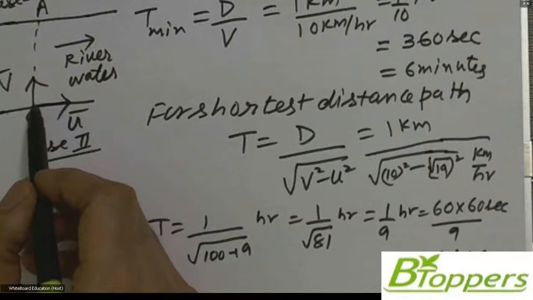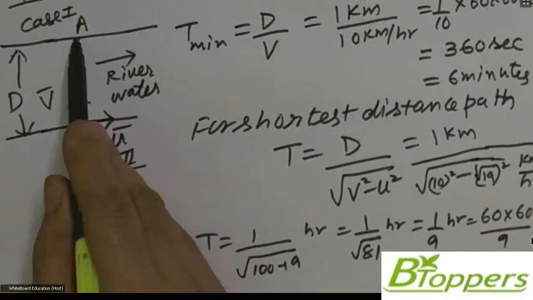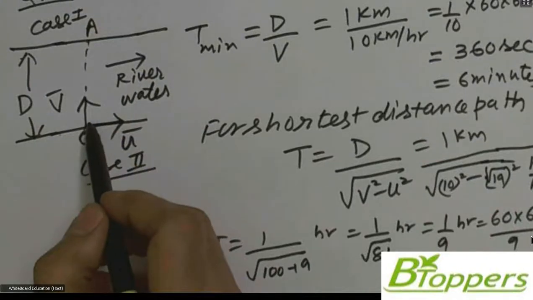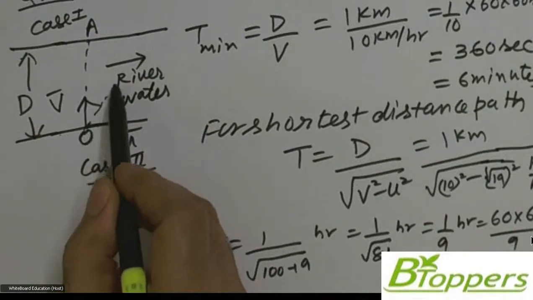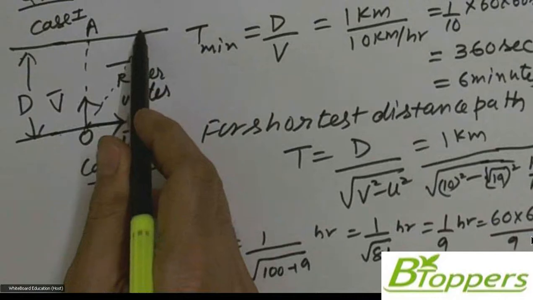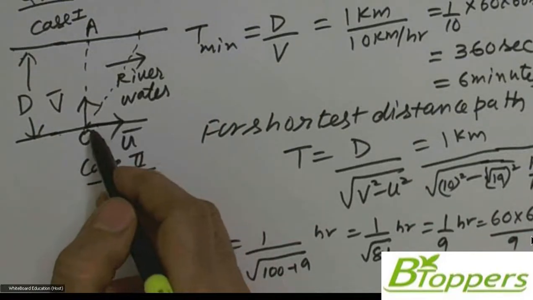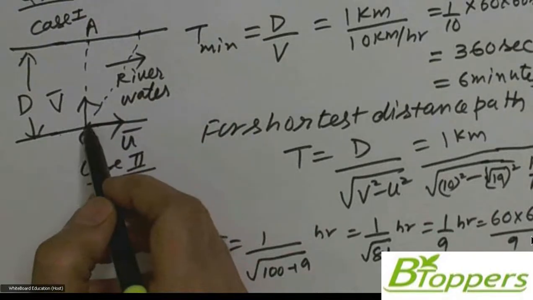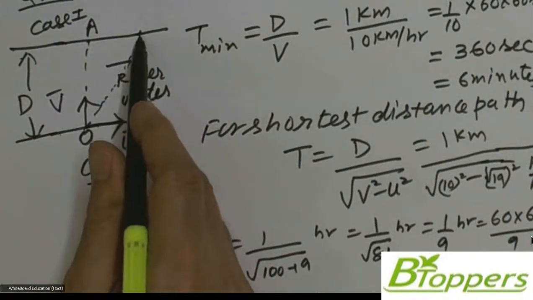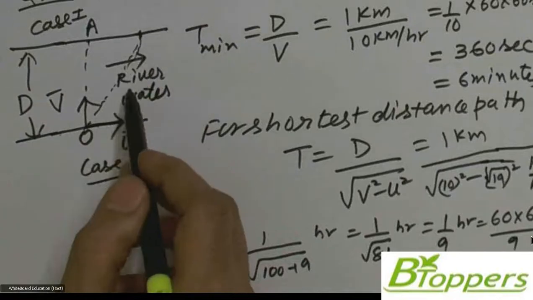But in this case, the boat will not move along the line OA. It will move in the direction of the resultant of V bar and U bar like this and reach the other bank. That means in case 1, the boat crossed the river in minimum time, but the distance covered while crossing the river is not minimum.